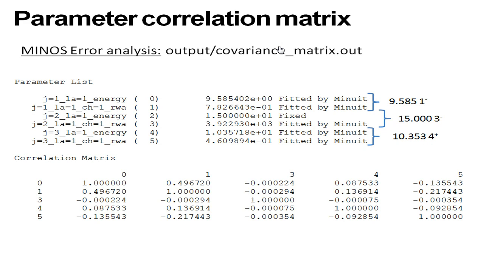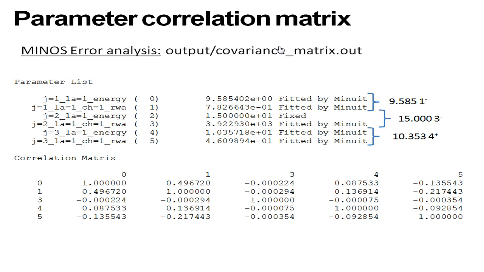So the list of parameters, this was again for carbon-12 alpha. You have your 9.5 MeV 1 minus state, this 3 minus background pole, and the 4 plus state, and each of these parameters is numbered, and these are the fitted values. And you have the correlation matrix that tells you the correlations between two parameters. The diagonal elements are all 1, and then the off-diagonal elements tell you about the correlations.